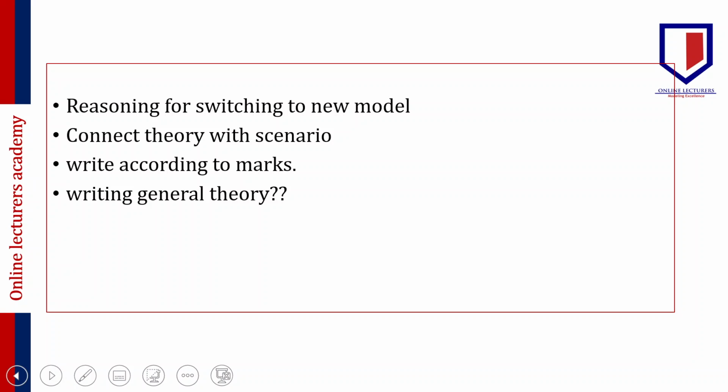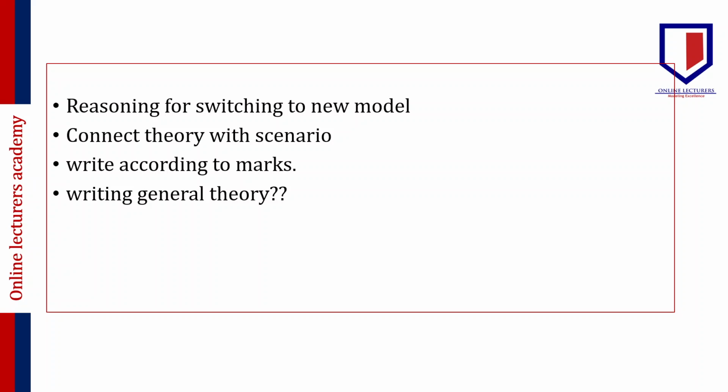Writing a general theory, this is basically a lender of last resort. If you really don't have any clue, if you are unable to connect it with the scenario, then at least write a few general points related to the theory. I hope this point will not come in your paper.